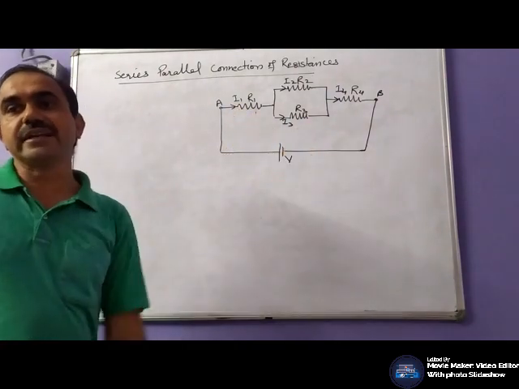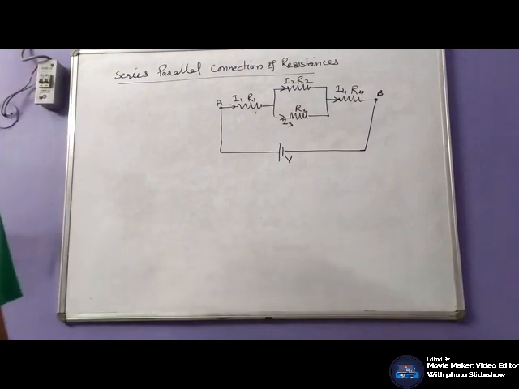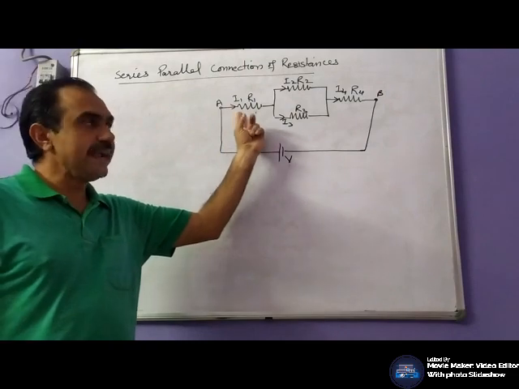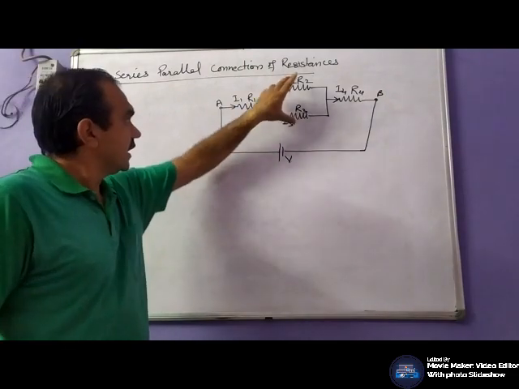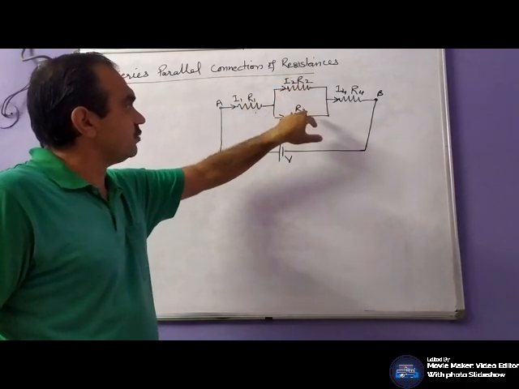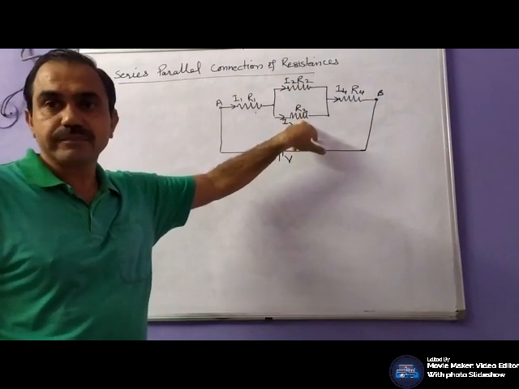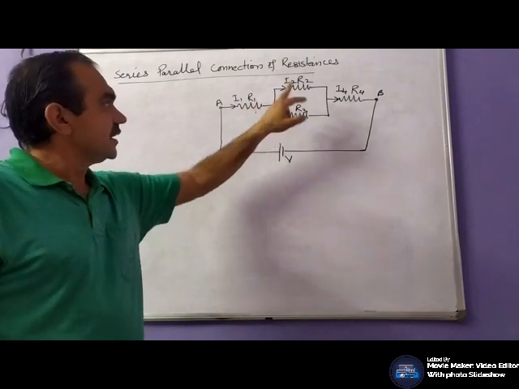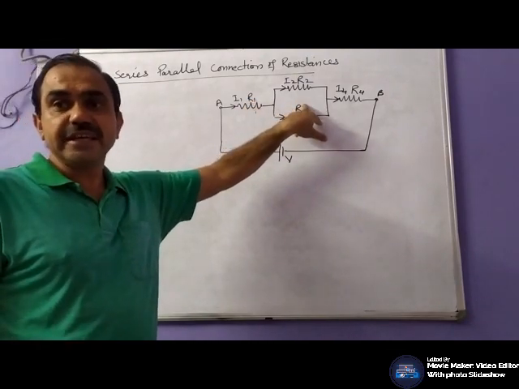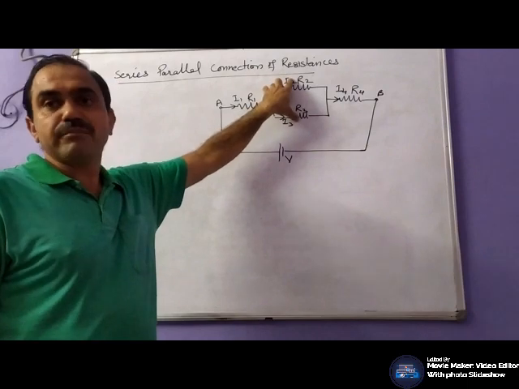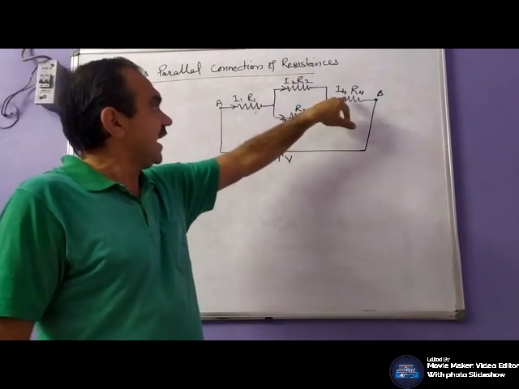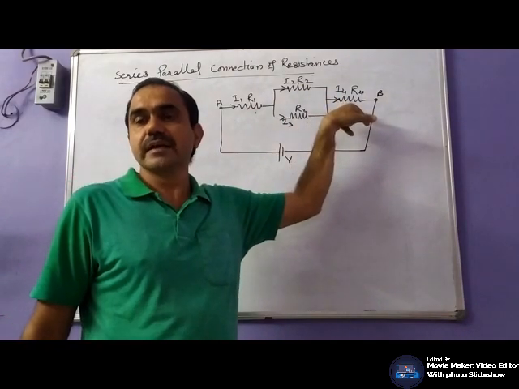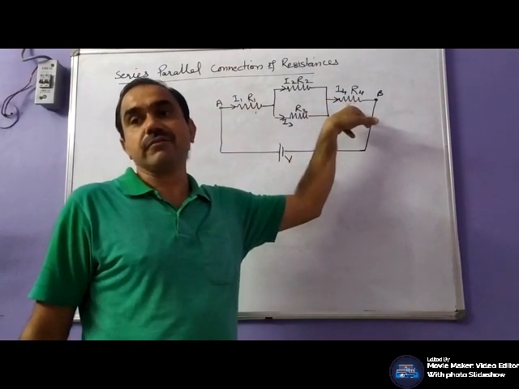Which branches are connected in series and which are connected in parallel? Here, R2 and R3 are connected in parallel. So R1 is in series with the parallel combination of R2 and R3, and in series with R4.